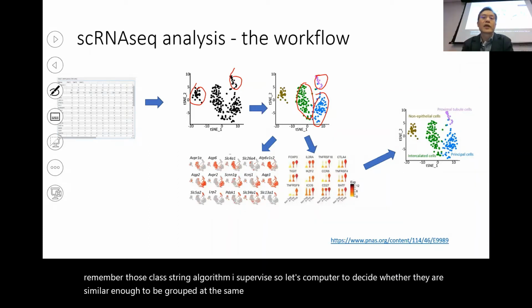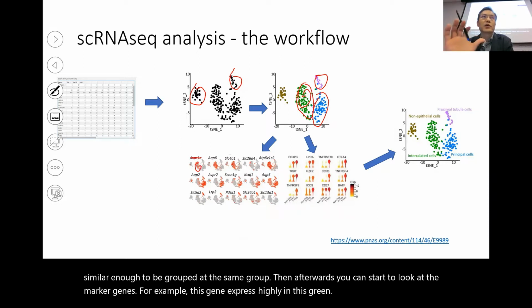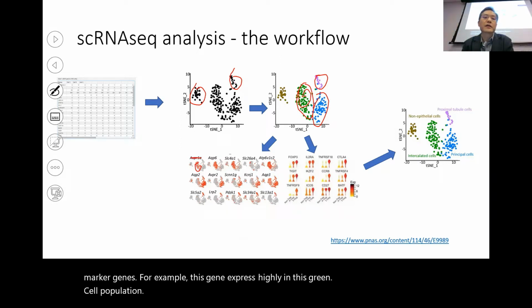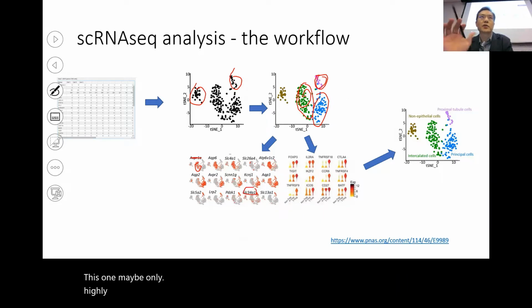Then afterwards, you can start to look at the marker genes. For example, this gene is expressed highly in this green cell population, and this one maybe only highly expressed in this purple population.